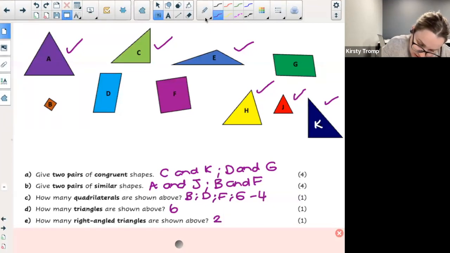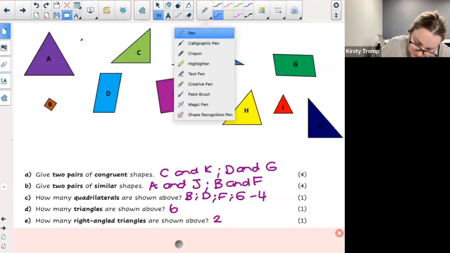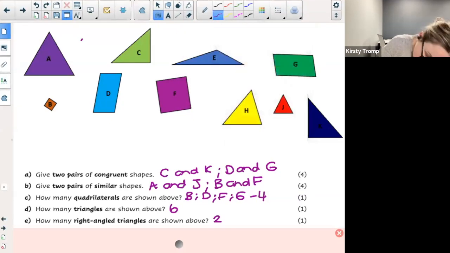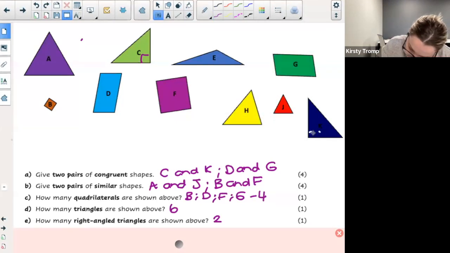If I took my protractor out and measured them, I would say this is a right angle triangle and a nice little one over here is a right angle triangle. Well done.